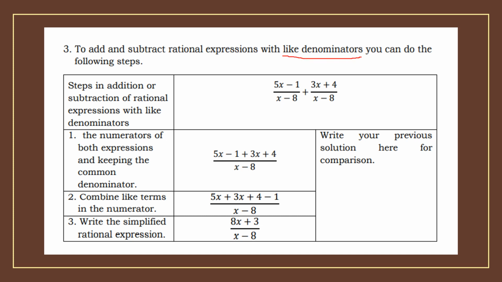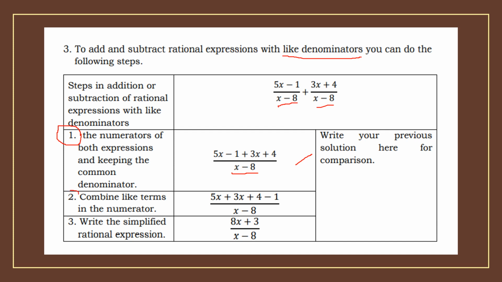And for us to perform the operation, let us have step number 1: combine the numerators of both expressions and keep the common denominator. Meaning, since they have the same denominator, let us just copy the denominator and simply add the numerators. That's why we have 5x minus 1 plus 3x plus 4. So we are done with step number 1.